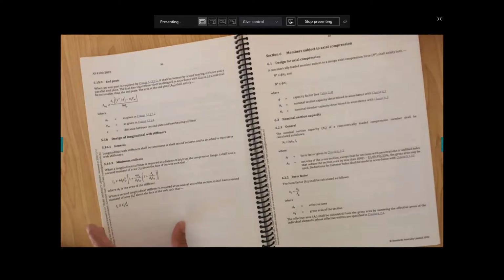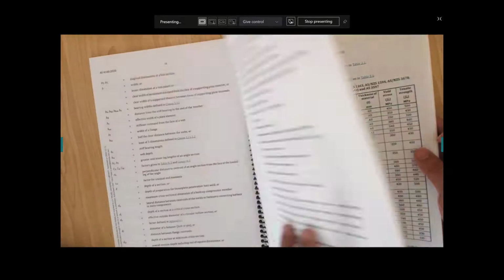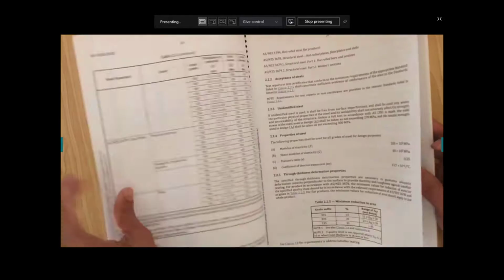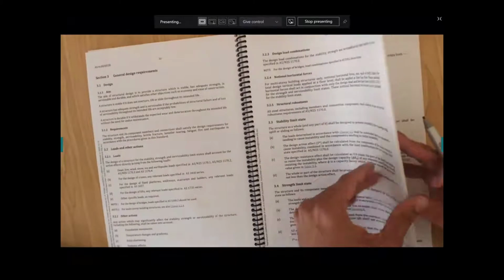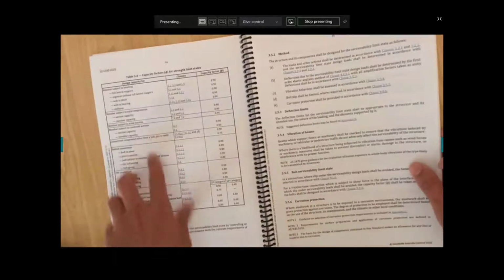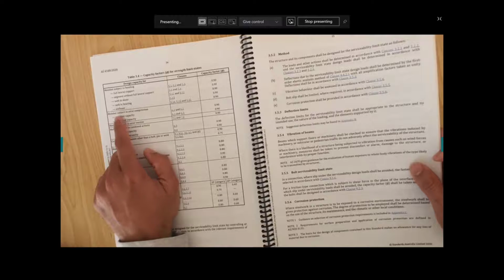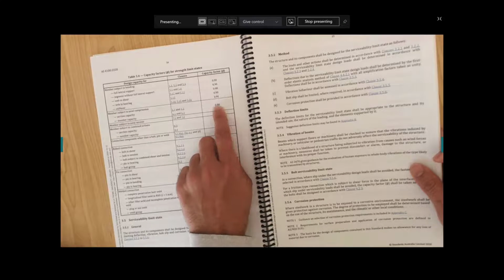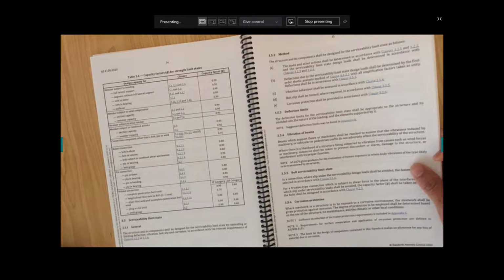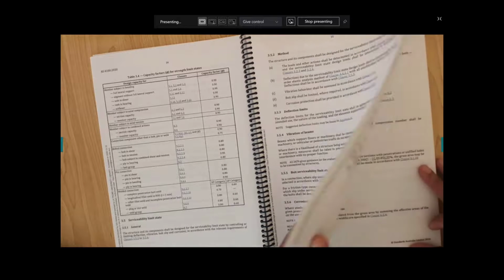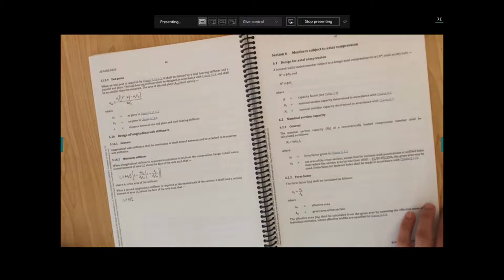That is our reduction factor. The reduction factors come from these. Here you go: member subjected to bending, member subjected to axial compression, section capacity. You have 0.9 coming from table 3. So that's the quick example. I hope you understand this section capacity.